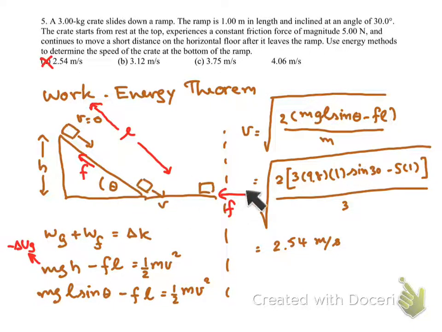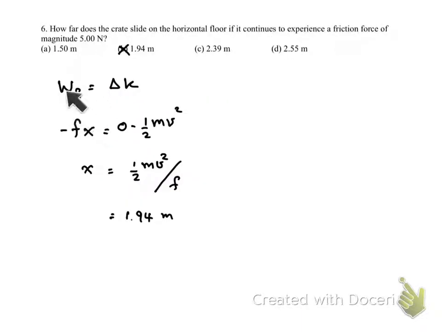Now we don't have work done by the gravity because it moves in the horizontal plane. So the work done on the object now is due to the friction only.